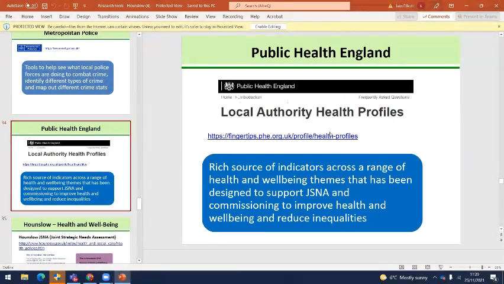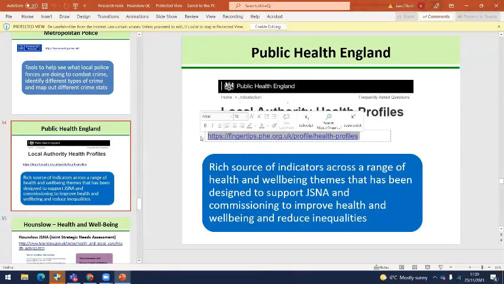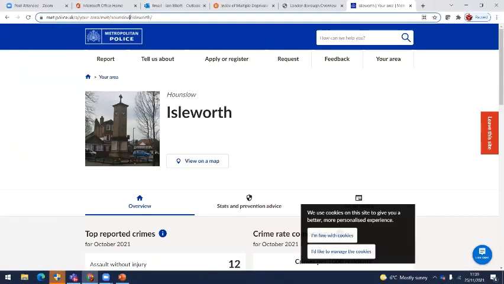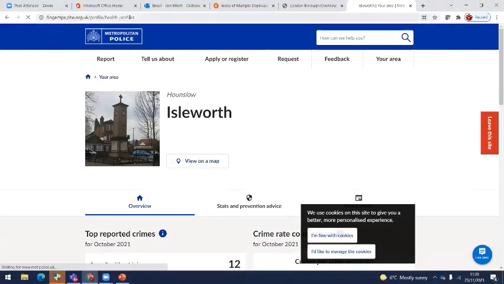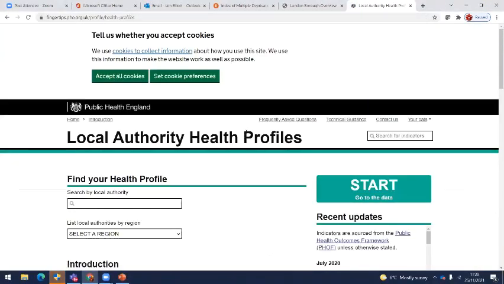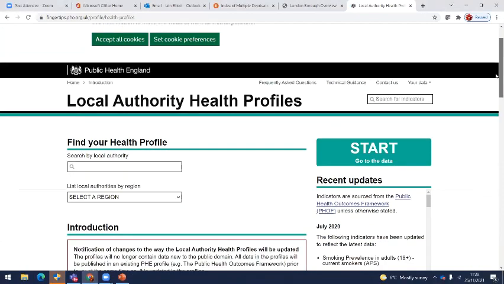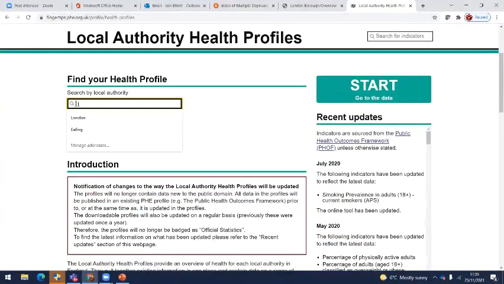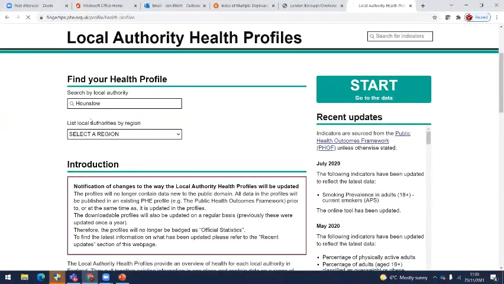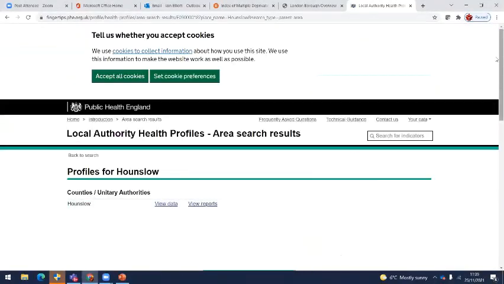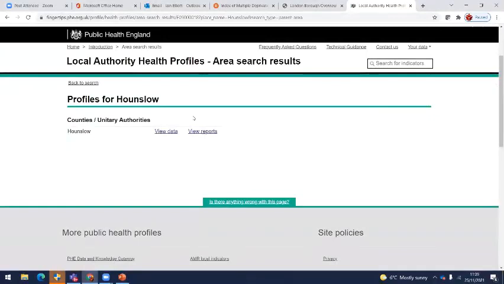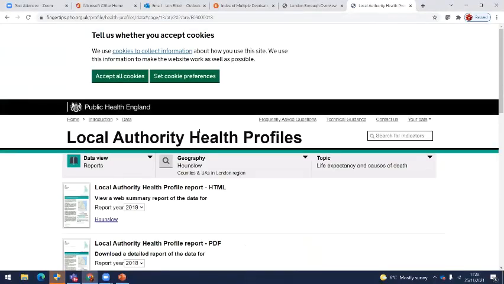Public Health England produce local authority health profiles. So you can just type in Hounslow, for example. View report.